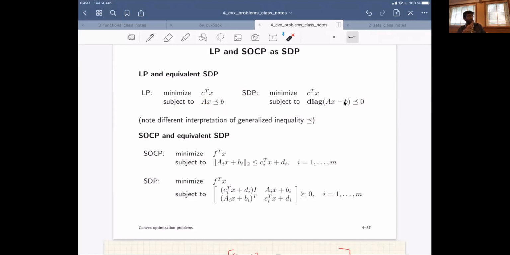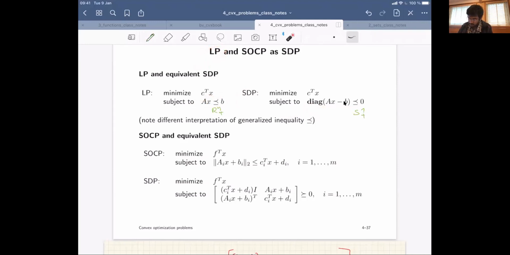Even if you don't remember anything else, you should at least remember this. When you are comparing two vectors, the cone associated with that comparison is Rn plus. When you compare two matrices, the cone is the PSD cone. So here it's a vector, so Rn plus, and here it is Sn plus.